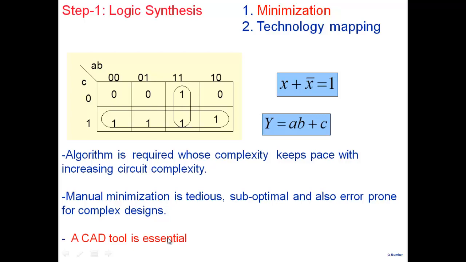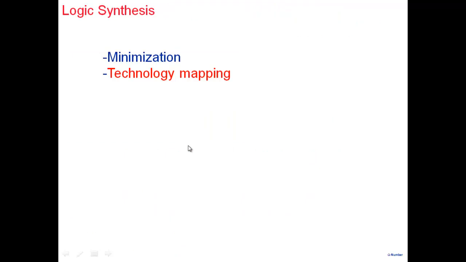So as part of digital design, we don't have too much time, but we'll also look at what may be the algorithm behind it. And what we realize is that pretty soon, 2 input and 3 input you can do manually. Pretty soon, you'll have to do it using a CAD tool, the minimization step.